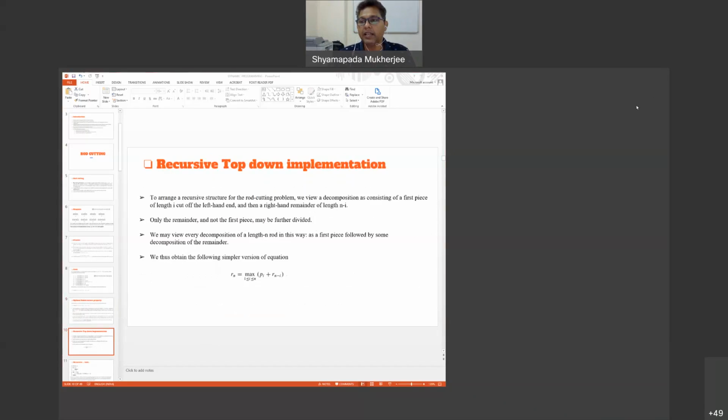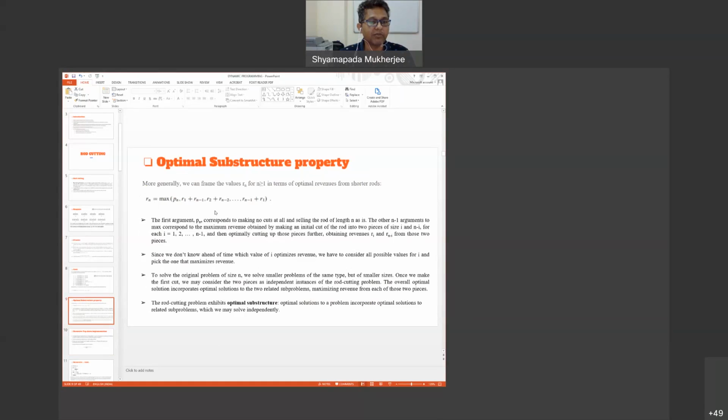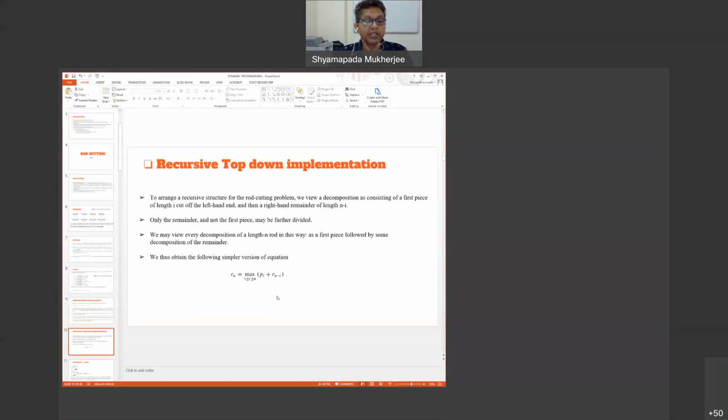Instead of writing this Rn equals maximum of Pn, R1 plus Rn minus 1, we can give a simpler version of this equation, where when we cut the rod initially into two parts, the first part we will not consider for further finding optimal solution, because this part is adding to the optimal solution of the original problem, and the second part will also be divided further, the way of finding the optimal solution.